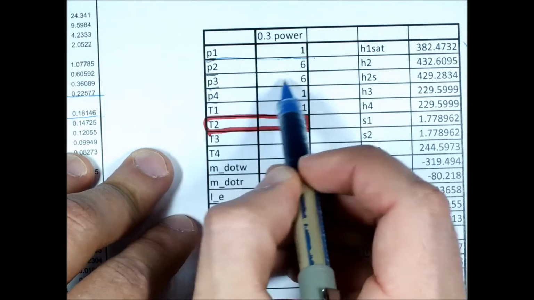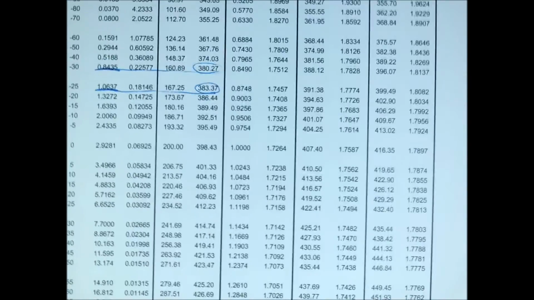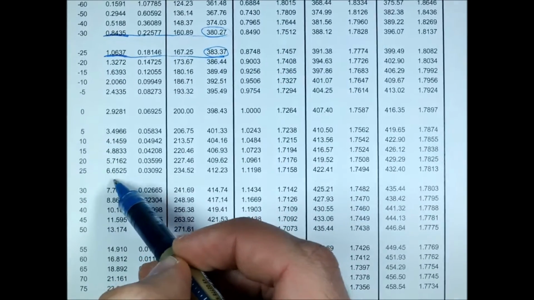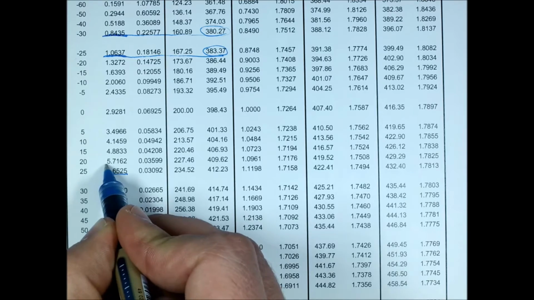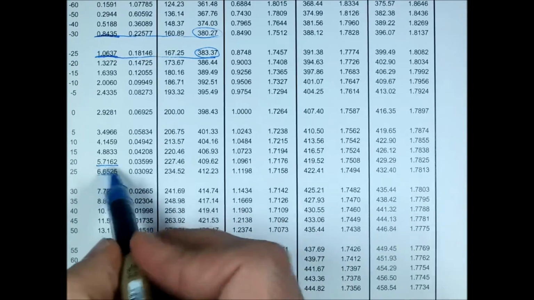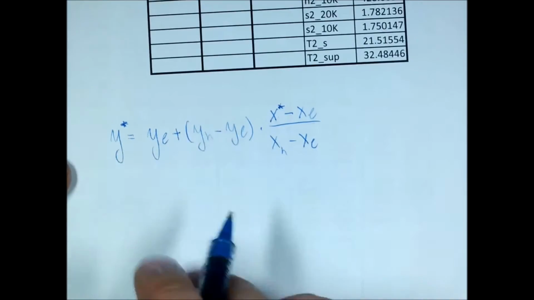We have point 3 at 6 bar. We go to our refrigerant table again, and we look for 6 bar. We don't have 6 bar, however we have 6.65 and 5.71. As you might have already guessed, we're going to use these two values as the boundary values, or the surrounding values, in this formula.